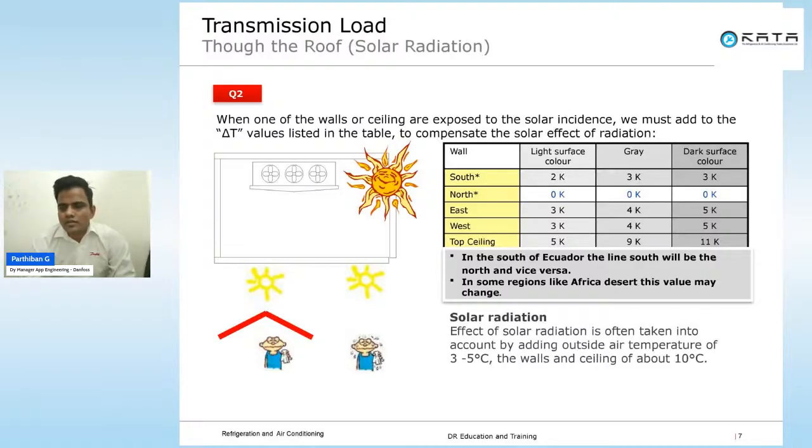You need to add the correction factor if the outside wall is exposed to radiations. Once you add it, you will get a final delta T. With these three data, you can calculate the transmission load. The transmission load is not a major load on a cold storage, but it also will contribute some amount of the heat load. So this is how we do the calculation for transmission load.